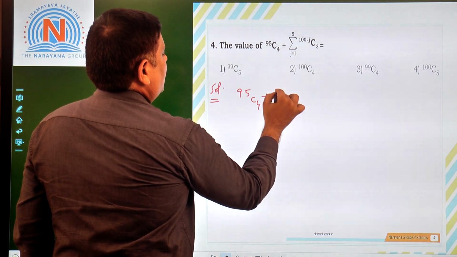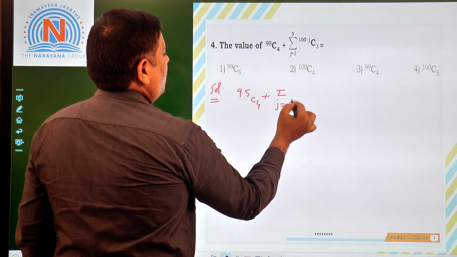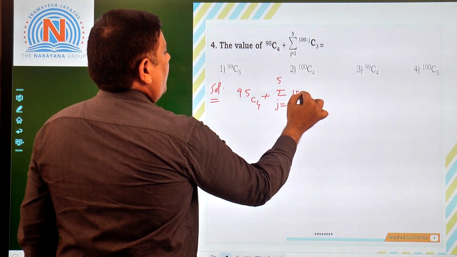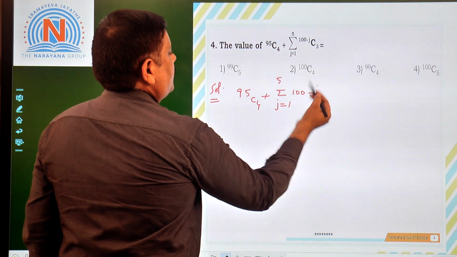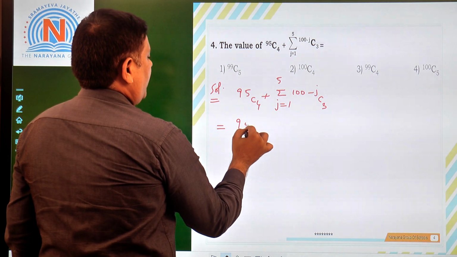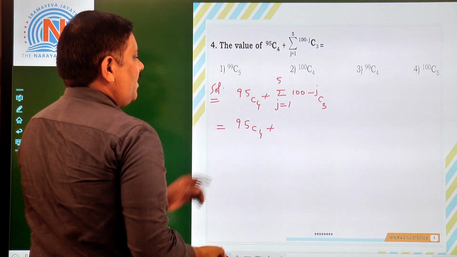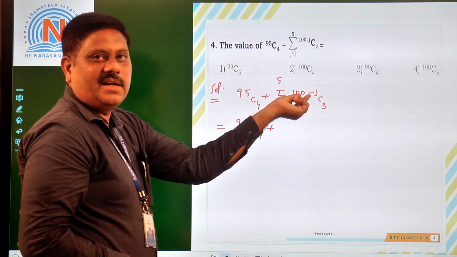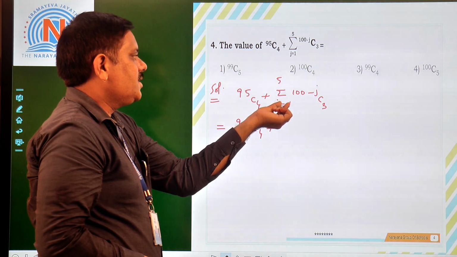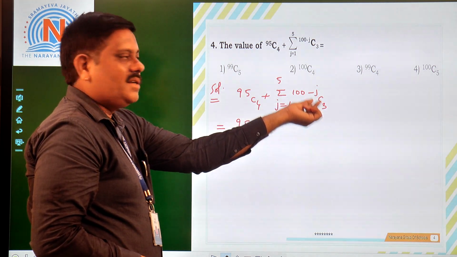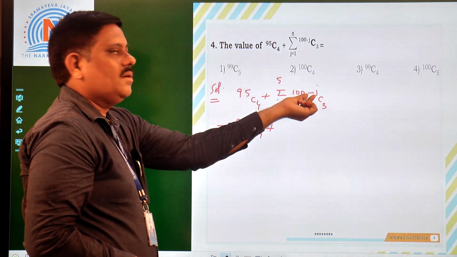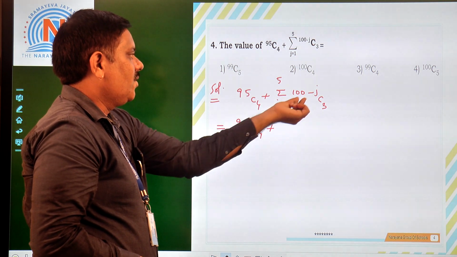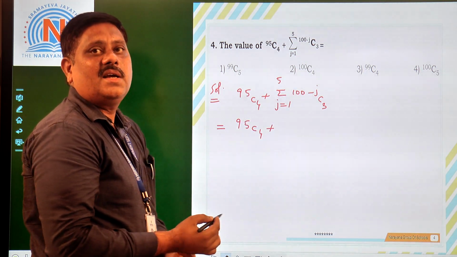95C4 plus sigma j = 1 to 5, (100 minus j)C3. That is otherwise 95C4 plus, if j is 1, 100 minus 1, that is 99C3. j is equal to 2, 98C3. j is equal to 3, that is 97. j is equal to 4, 96. j is equal to 5, that is 95.